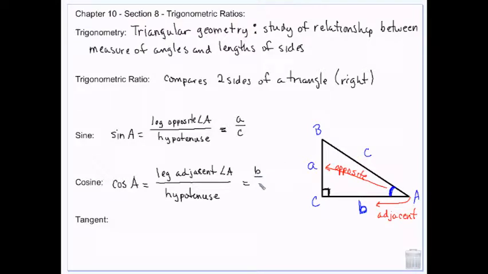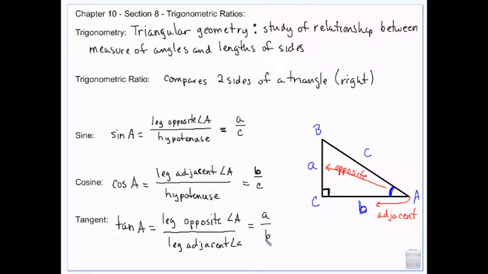So this is going to be B over C. And then the tangent, which we call tan A, is opposite over the leg adjacent. So in that case, it's going to be A over B.